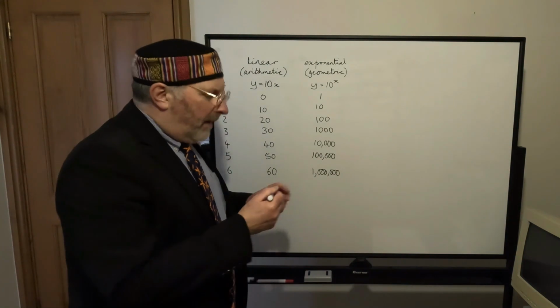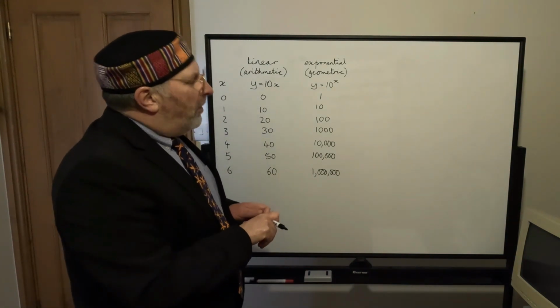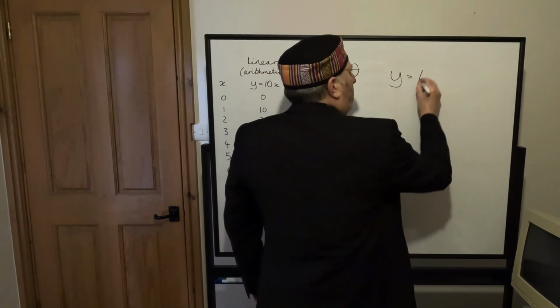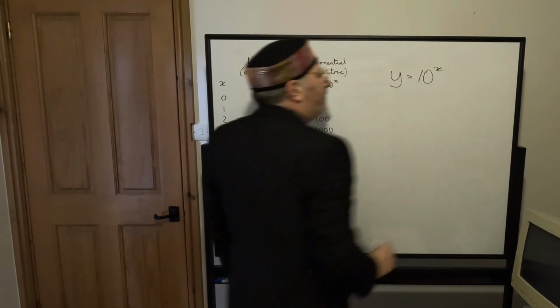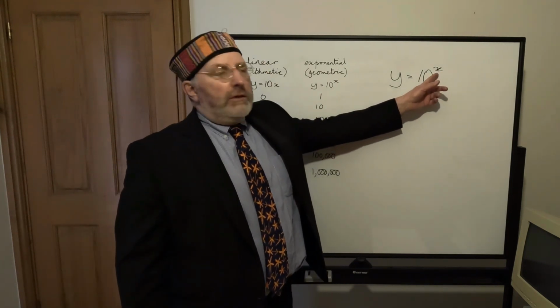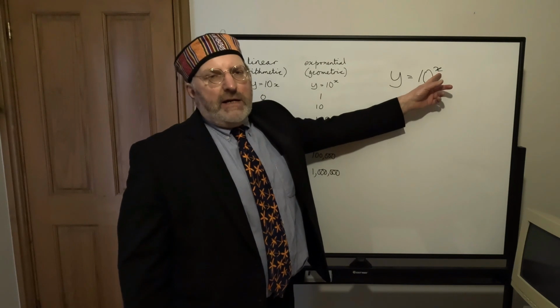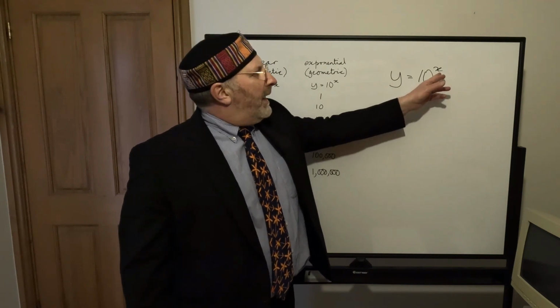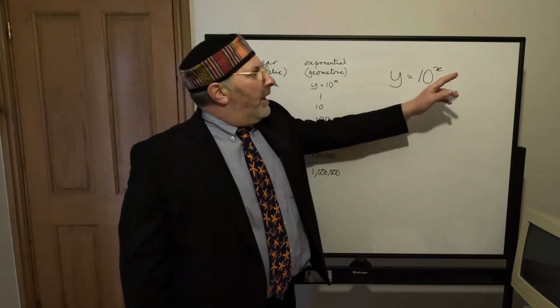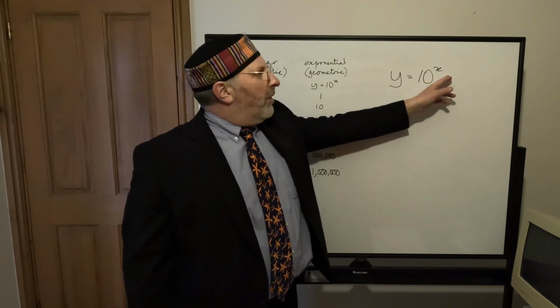And now we'll just look briefly at the idea of a logarithm. So if we have y equals 10 to the x, we've called this the exponent. We've also called it the index, and we've also called it the power. And now we're going to introduce another name for it, which is the logarithm.